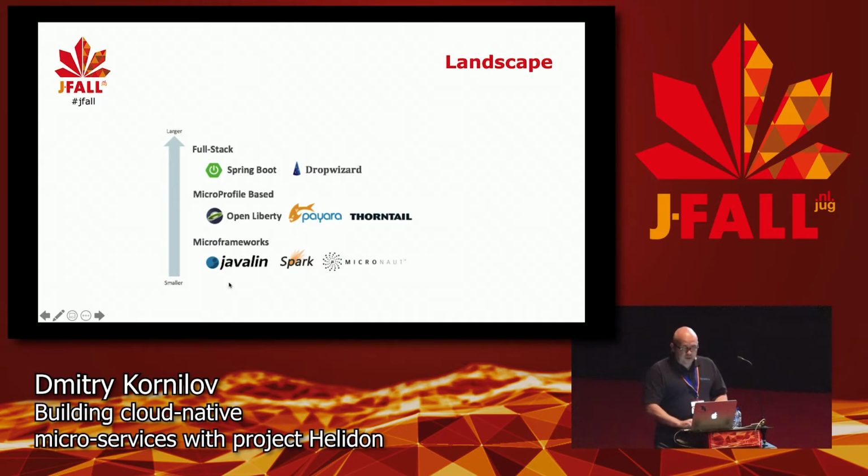So micro frameworks: Javalin, Spark Java, Micronaut. Small footprint, functionality usually limited because the footprint is small. MicroProfile based: Open Liberty, Payara, Fortnel. These are the MicroProfile implementations I was talking about before, right? Footprint is usually bigger, but not so big. Functionality is MicroProfile functionality. And full stack: Spring Boot, Dropwizard.